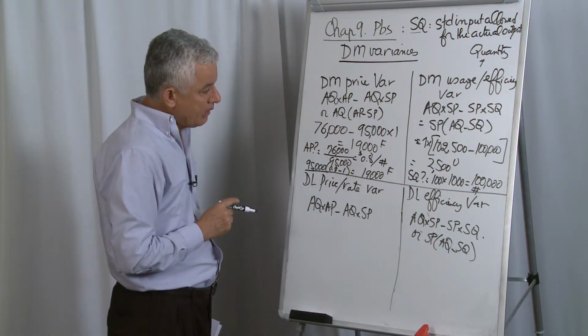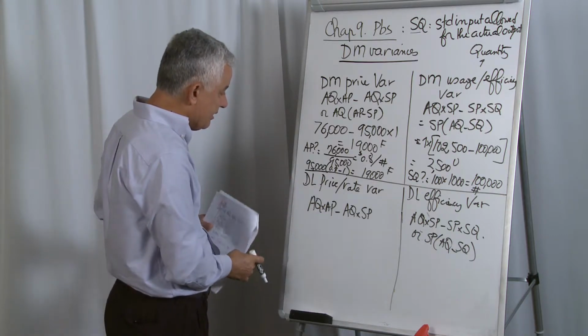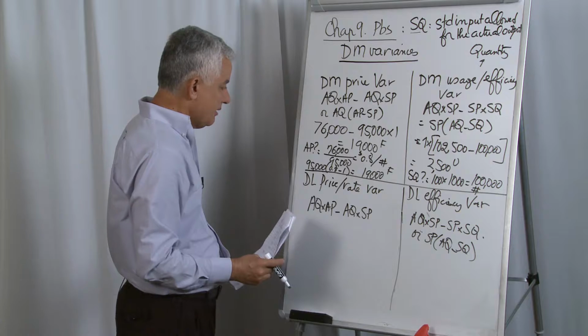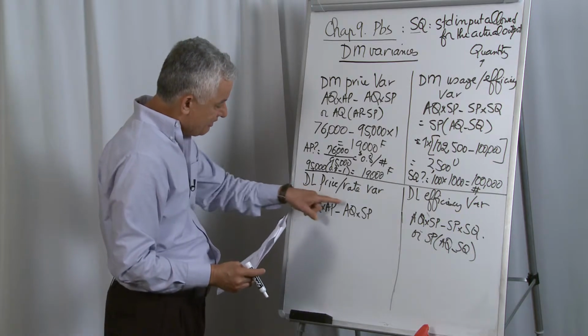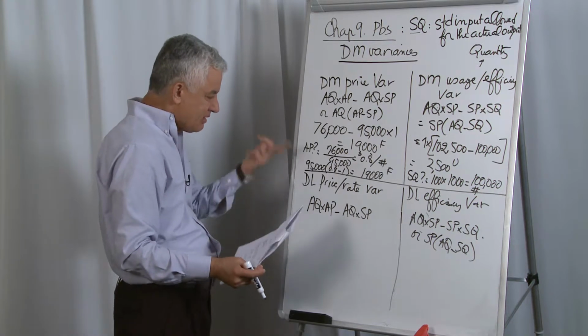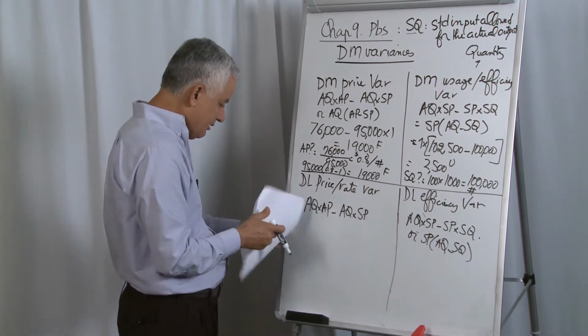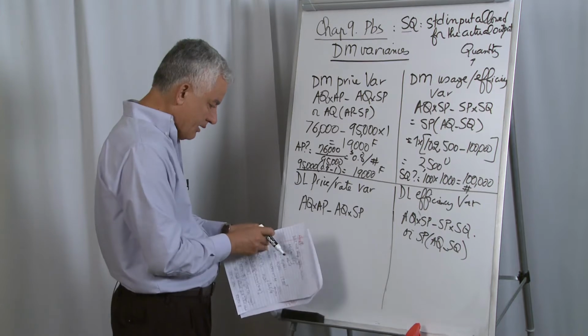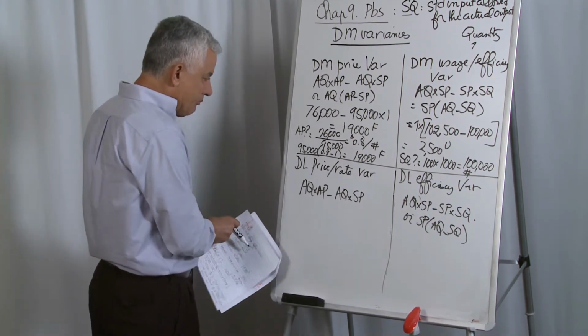Okay, now let's switch our attention to the direct labor price variance. When it comes to direct labor, price or rate variance are used interchangeably. They mean the same thing. So let's do the direct labor rate variance.